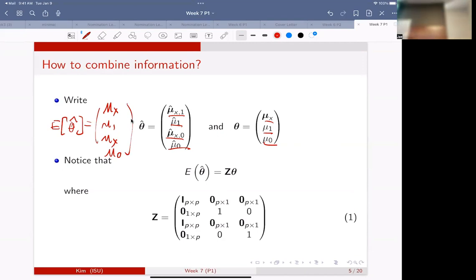I want to write this expectation as a linear function of the original parameter. So that is this one, this guy, and this guy.